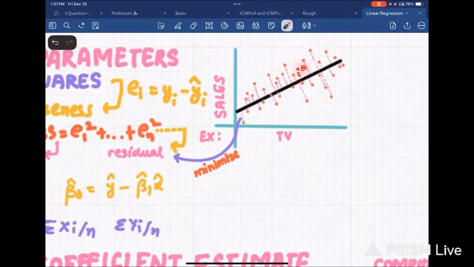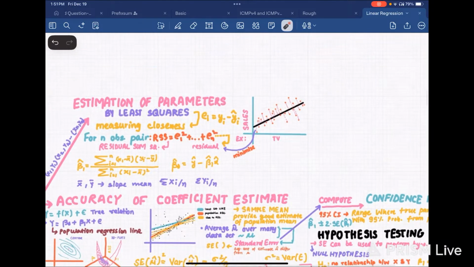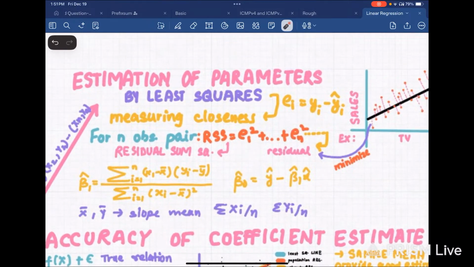So this ei is nothing but yi, the actual point we are getting, minus yi predicted. The point where it drops is yi cap, the predicted point, and this is the actual point yi. By the least square method we measure the closeness for that.